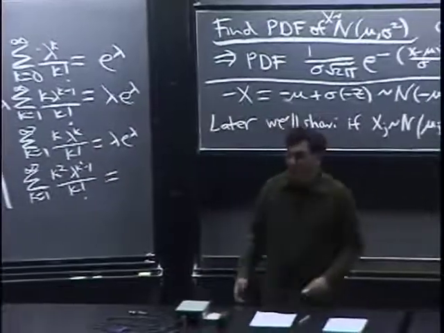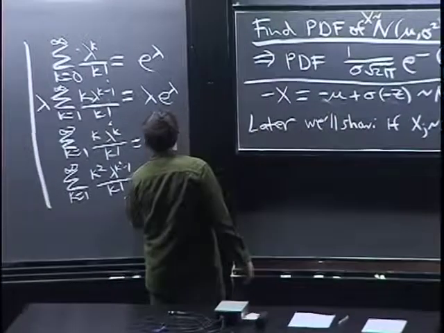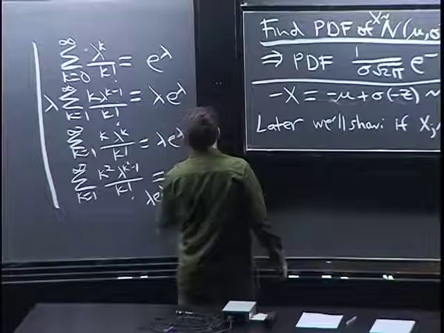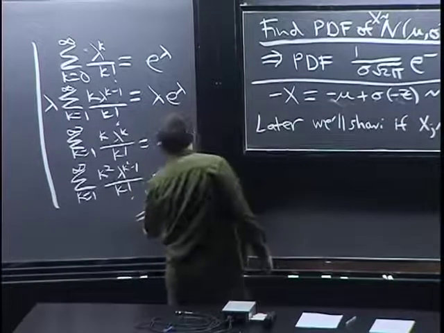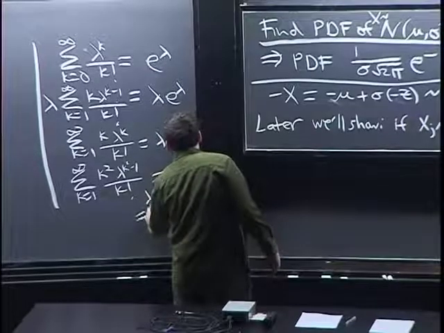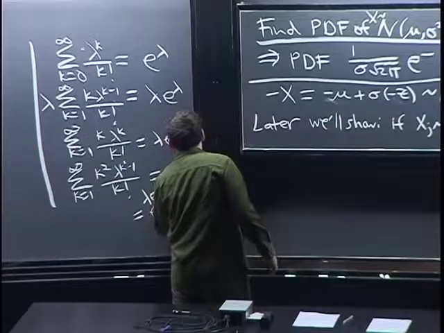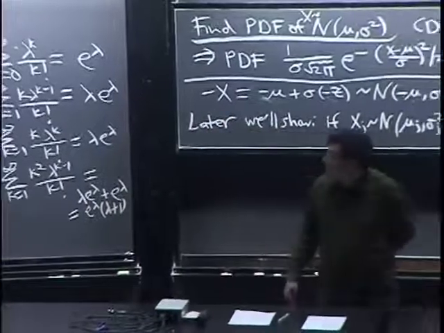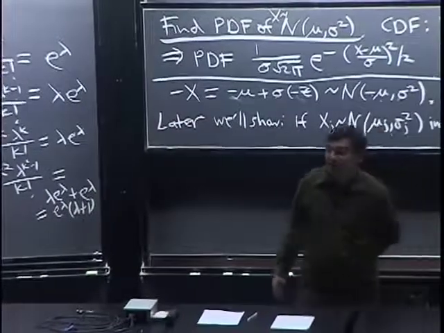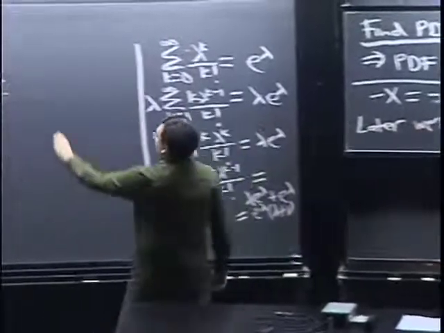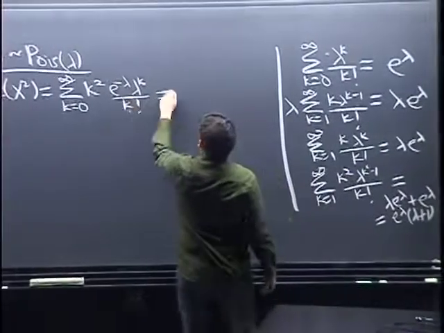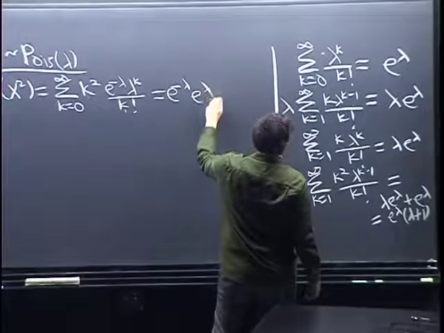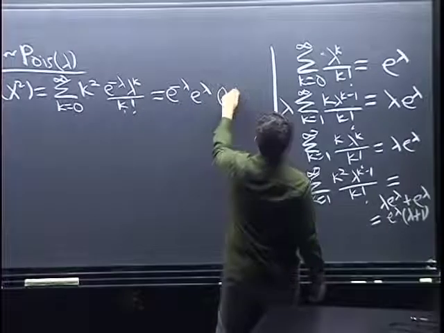The derivative of lambda e to the lambda is lambda e to the lambda plus e to the lambda by the product rule, which we can factor out as e to the lambda times lambda plus 1. Well, that's exactly the sum that we needed, because this e to the minus lambda comes out. So this is e to the minus lambda, e to the lambda, lambda plus 1.